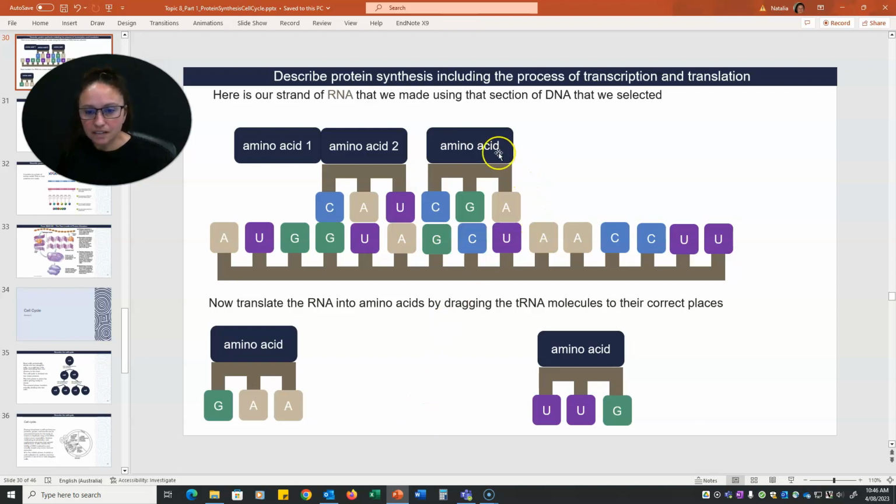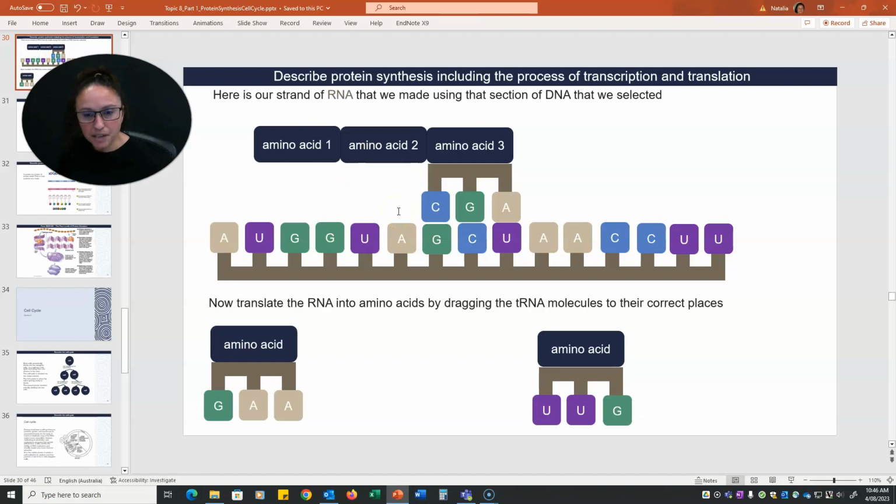So this one is going to be our amino acid 3. The ribosome grabs these two guys, locks them in, they disappear, and now we have 1, 2, 3. Can you see how we are gradually building our amino acid chain? That's basically how it works.